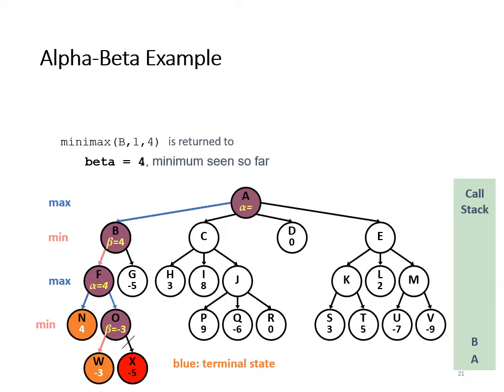That means its value depends on G's value also, and we have already seen that beta's value should not be greater than 4. Its value may be less than 4 because B needs the minimum value of F and G. So this value can be changed.